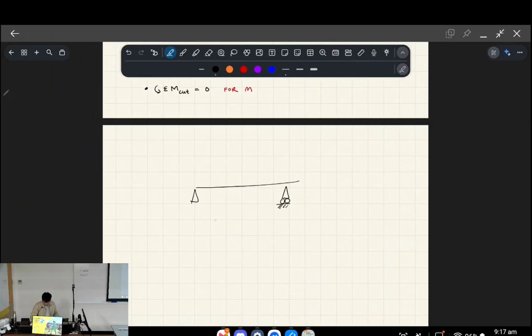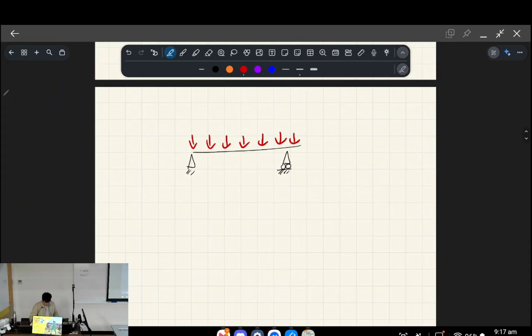If you've got a simply supported beam, like so, and a uniformly distributed load acting on it, we know that these supports will react to those vertical loads.